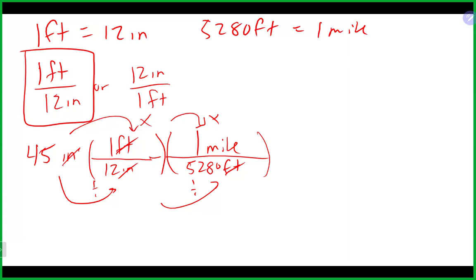The importance of that in calculations is that we do not even consider those when we're doing a calculation. Remember that if it is a straight English to English conversion, that's going to be considered an exact number. If it's a straight metric to metric conversion, that also would be considered an exact number.